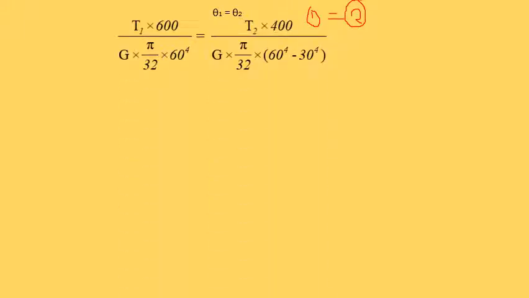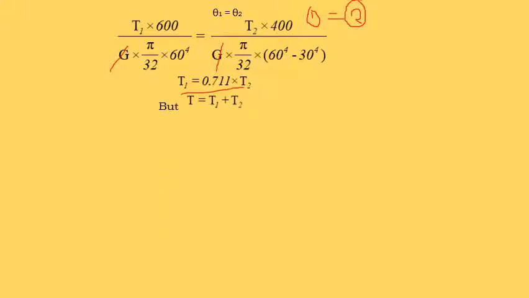So if we equate 1 and 2, G gets cancelled. So I will get T1 value in terms of T2 or T2 in terms of T1. So I will write T1 in terms of T2. T1 is equals to 0.711 into T2.